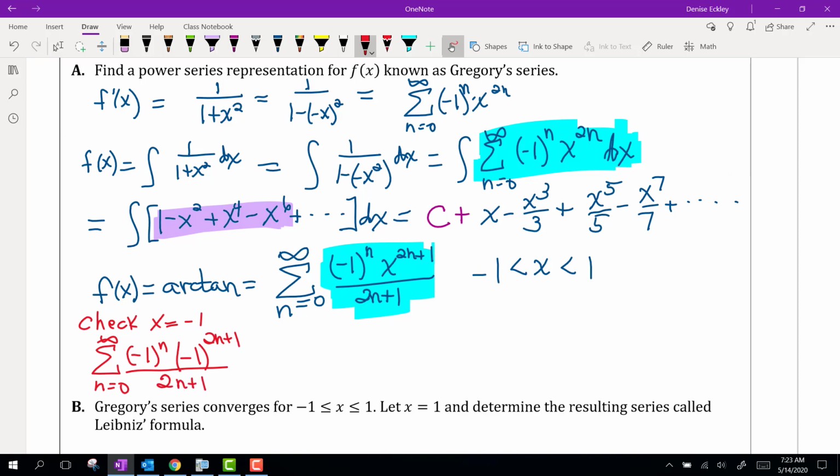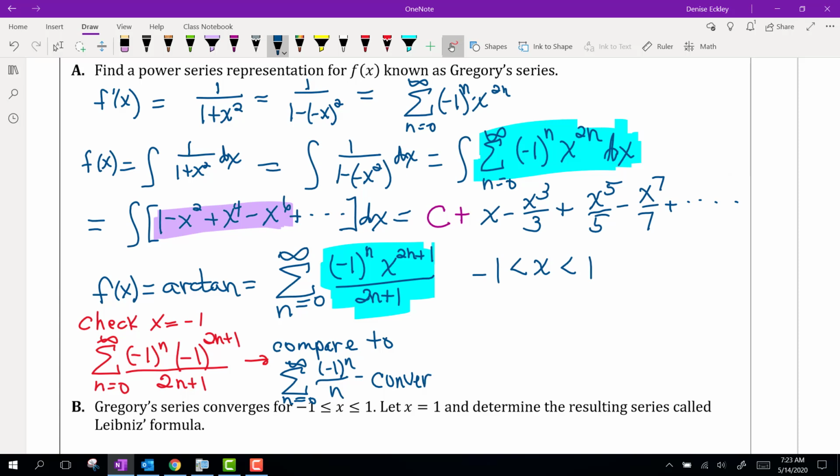So what we're going to find is this is going to converge because we're going to compare it to a convergent alternating harmonic series, negative 1 to the n over n, and that converges.